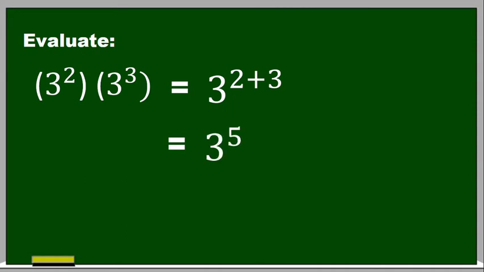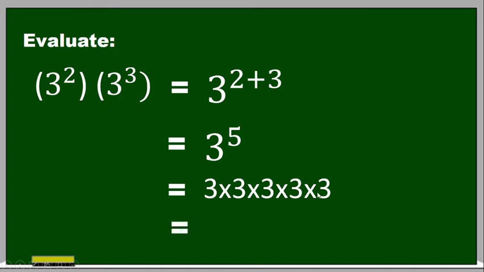That is 3 raised to the 5th power. To simplify 3 raised to the 5th power, you are going to make 3 a factor 5 times. So that gives 3 times 3 times 3 times 3 times 3, which is 243.